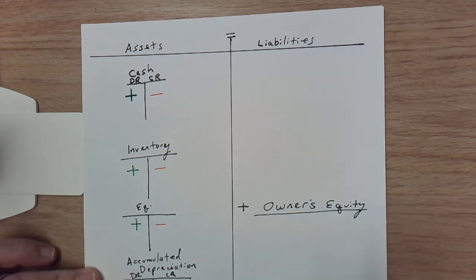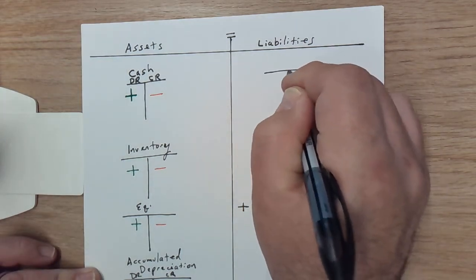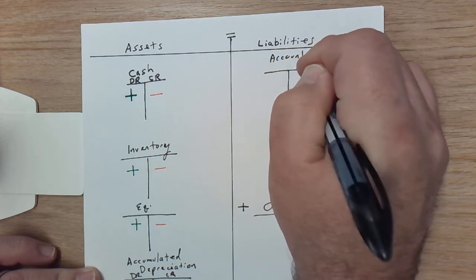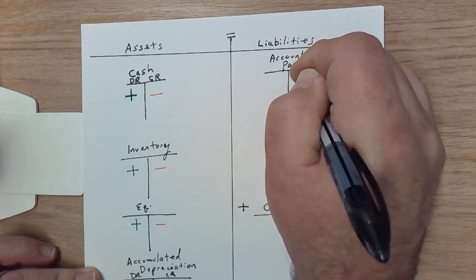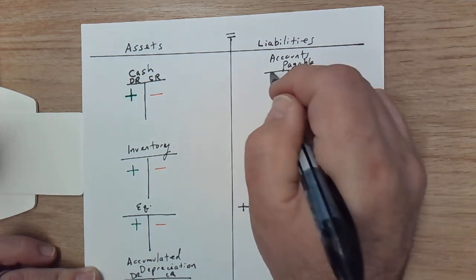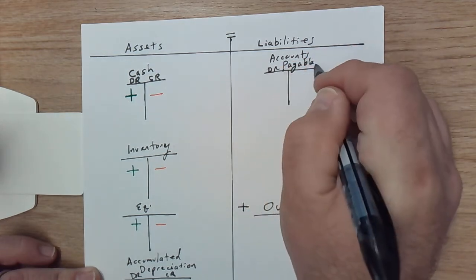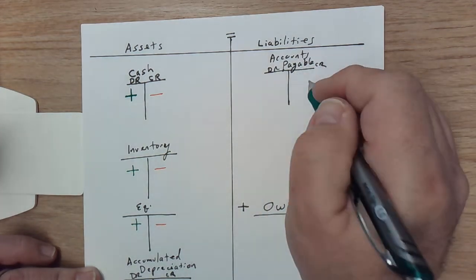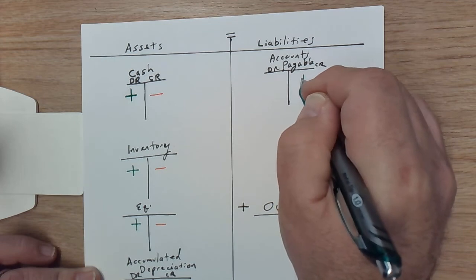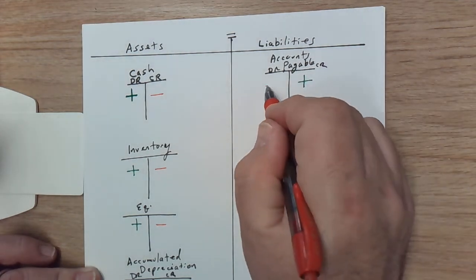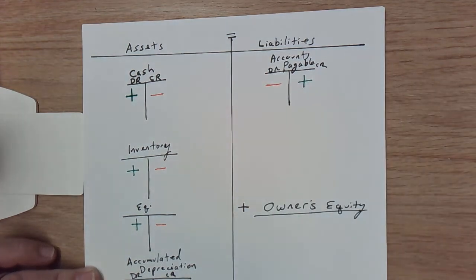Liabilities, on the other hand, examples are maybe accounts payable. This is money that is owed, and we still have debits on the left and credits on the right. But our accounts payable, our liabilities increase with credits and decrease with debits.